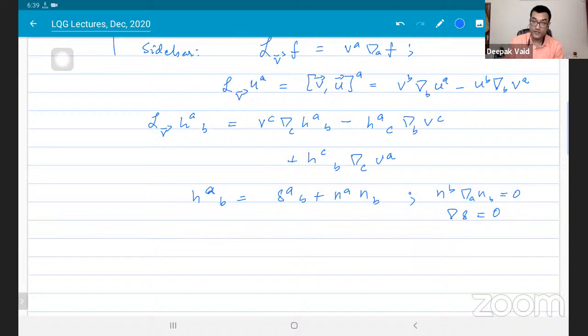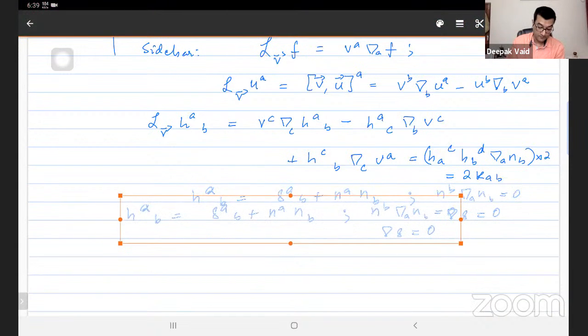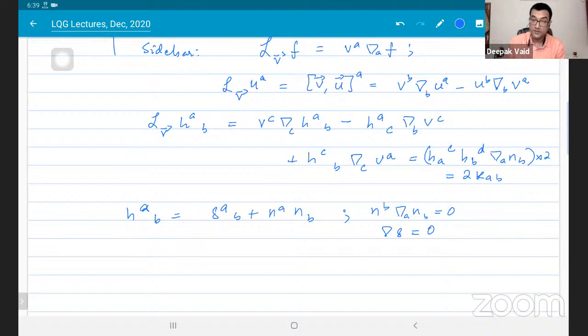Ultimately what you find is that this is equal to not just grad_A N_B, but the projection of grad_A N_B, which is h_AC h_BD grad_A N_B, and there's a factor of 2. And this quantity in the brackets is what we know to be the extrinsic curvature.